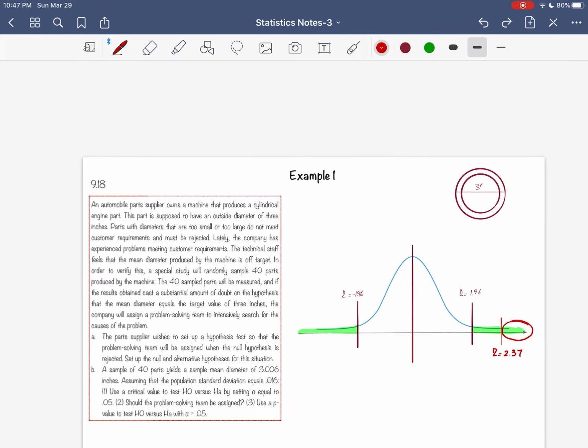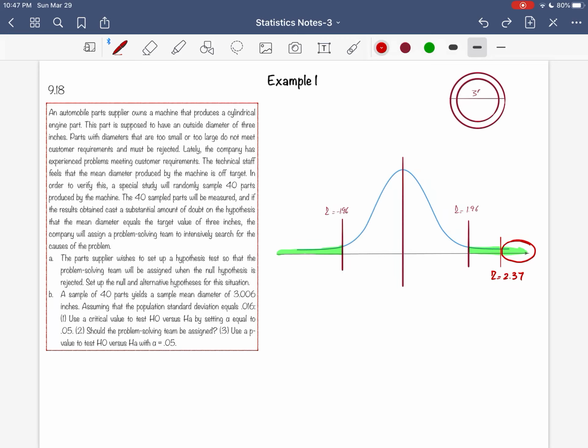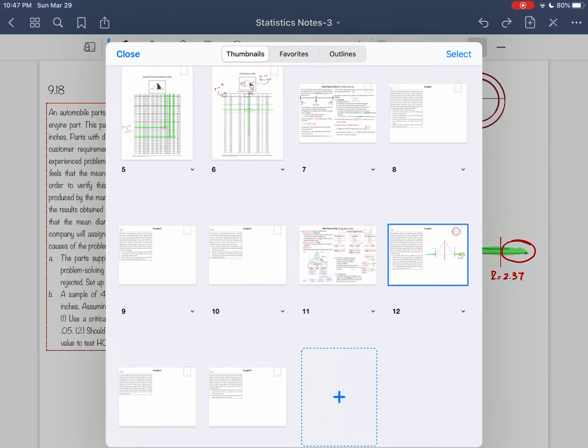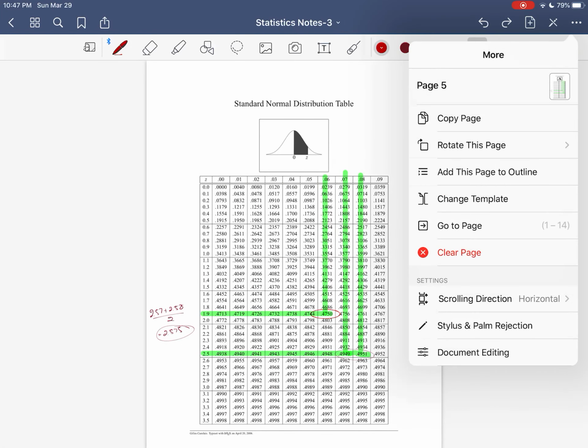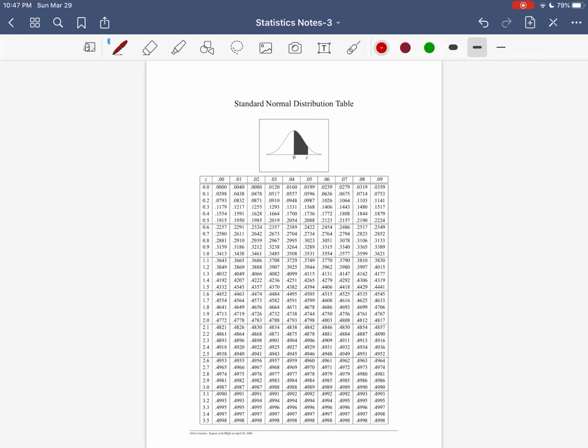Not really complicated, but just make sure that you don't make any mistakes on this in the steps that I'm going to explain. So first things first is you go to your Z table, and look up 2.37 in your Z values here and here. And find out what is that probability.